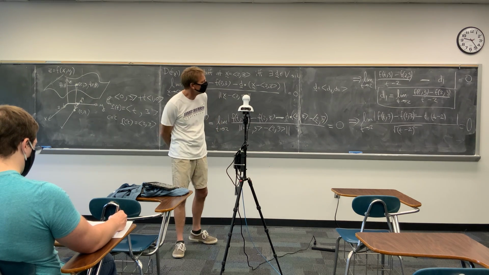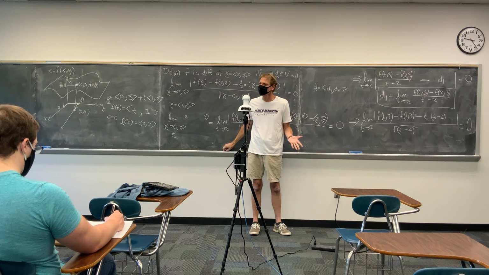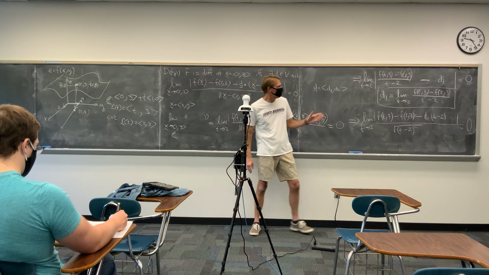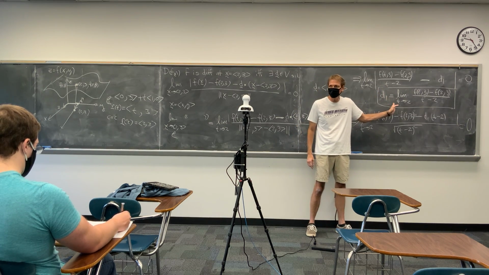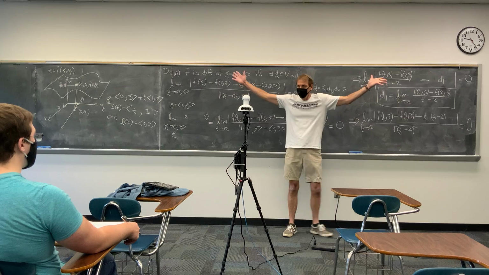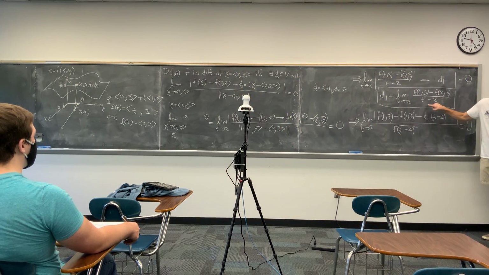And you're like, hey, Dr. Warren, that's not that surprising. Look, the first component of the derivative is defined in terms of a limit. Oh. And as t goes to 2, the denominator goes to 0, and the numerator goes to 0.